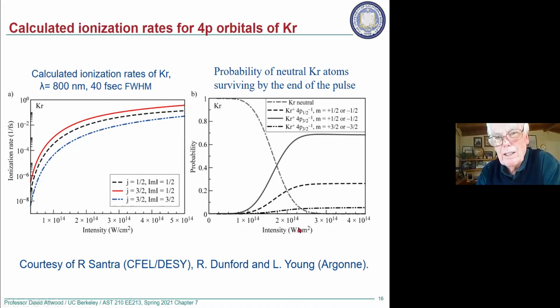But when you get to the intensity of 10 to the 14th watts per centimeter squared, the electric field is now getting strong enough that with tunneling, it can get through the barrier and an electron can get free, and there's some probability of that. And as you increase the intensity and therefore the electric field, the probability of tunneling increases and the probability of the neutral krypton atom surviving as neutral starts to decrease. And again, these calculations depend on what quantum state it's in.